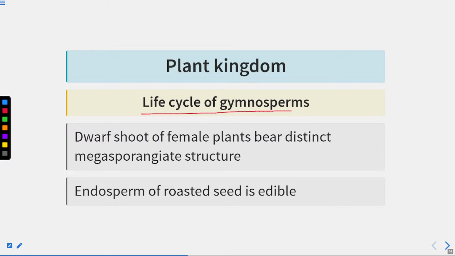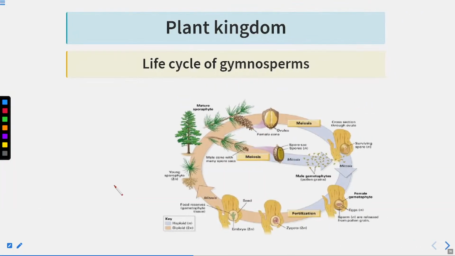Life cycle of gymnosperm. So the dwarf shoot of the female plants bears distinct megasporangiate structure, right? So the female plant has the megasporangiate structure, and the endosperm of the roasted seed is edible. So this is one of the important features of the endosperm that is present in the seed. So here comes the life cycle of the gymnosperm.